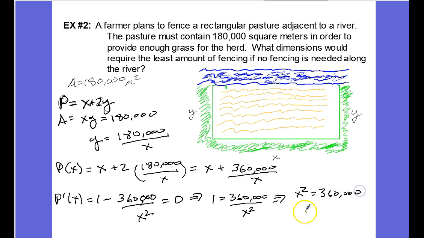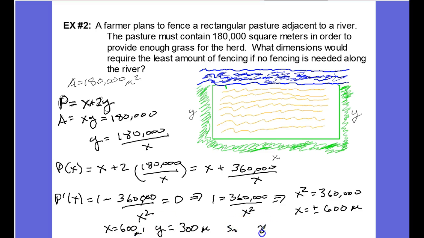and taking the square root of both sides, we get plus or minus 600 meters. But our distance can't be negative, and so we discard the negative solution, and we have that X equals 600 and Y is equal to 180,000 divided by 600, and that gives us 300, and these are in meters.